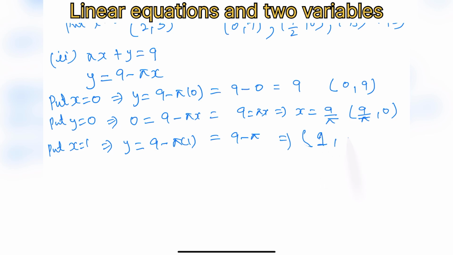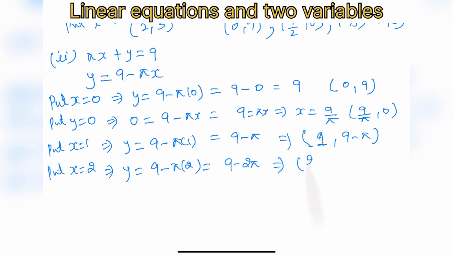So the solution becomes 1 and 9 minus pi. Now put x equal to 2. So we got y is equal to 9 minus pi into 2, which means 9 minus 2 pi. So the solution is 2, 9 minus 2 pi. So these are the four solutions of this equation pi x plus y is equal to 9.